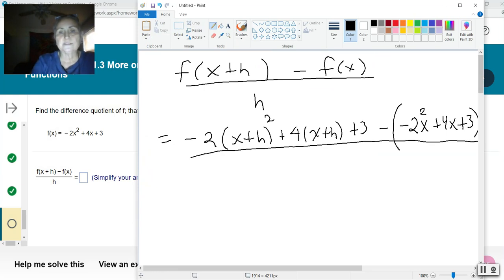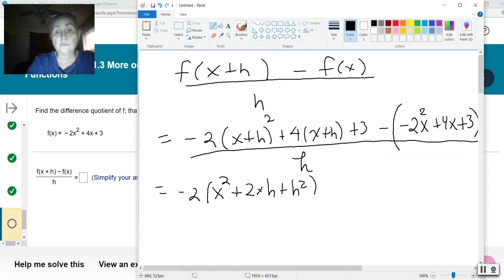All of that is over h. Negative 2, memorize, x squared plus 2xh plus h squared, right? Look, we haven't multiplied the negative 2 yet. This one has an extra step. Plus 4x plus 4h plus 3, and then change the sign, change the sign, change the sign.